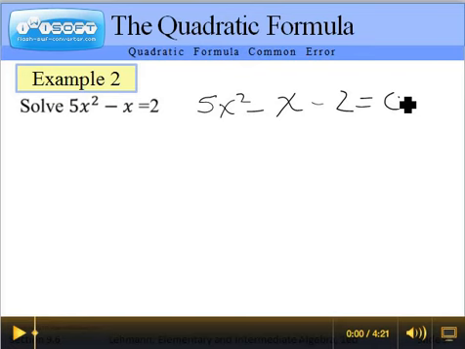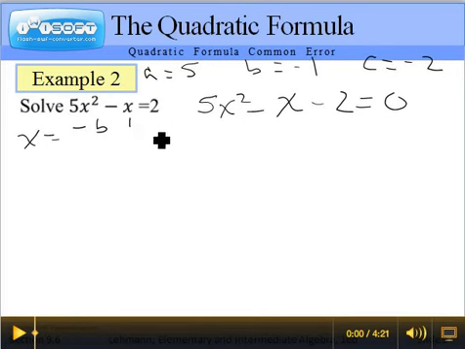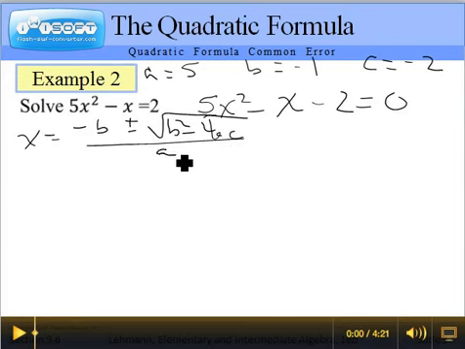Now before I use the quadratic formula, I need to identify that my a is equal to 5, my b in this case is equal to -1, and my c is equal to -2. So now the quadratic formula is x equaling -b plus or minus the square root of b squared minus 4ac all over 2a.